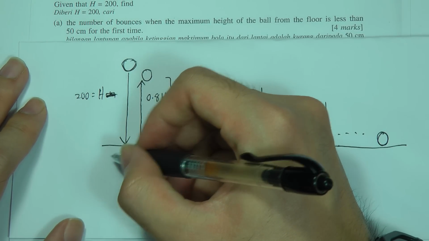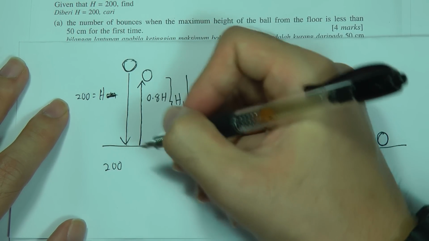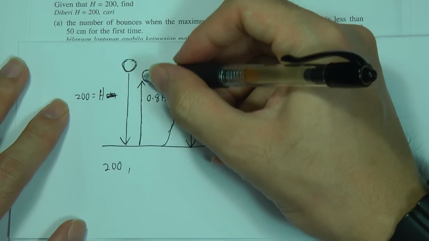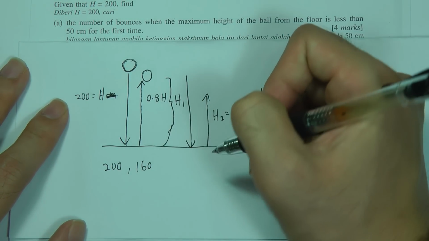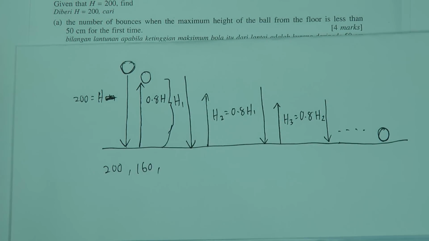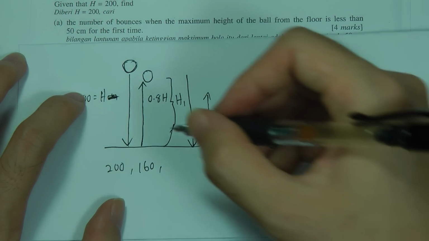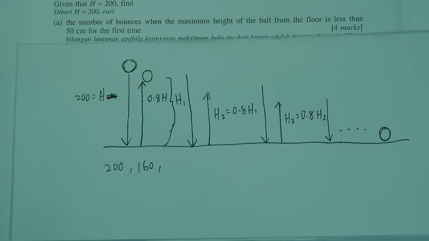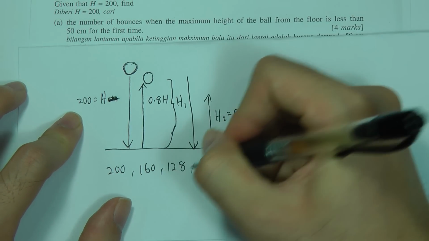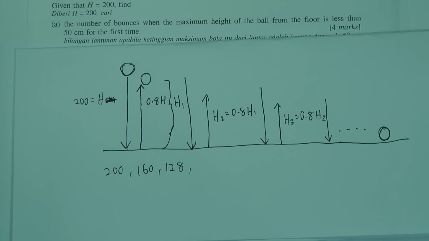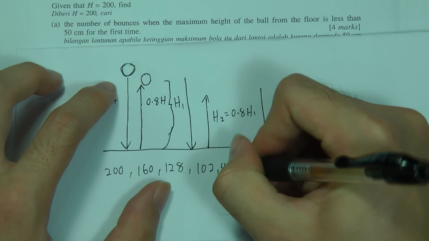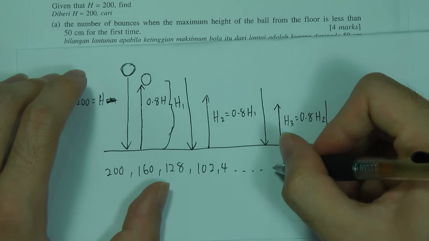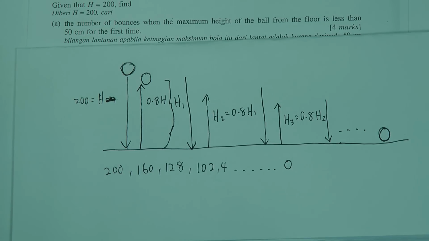The first height is 200 cm. The second one is 0.8 multiplied by 200, so you get 160 cm. The third one is 0.8 multiplied by 160, so I press the calculator and get 128. The fourth one is 0.8 multiplied by 128, so I get 102.4, and so on until the ball stops, meaning the height is 0.